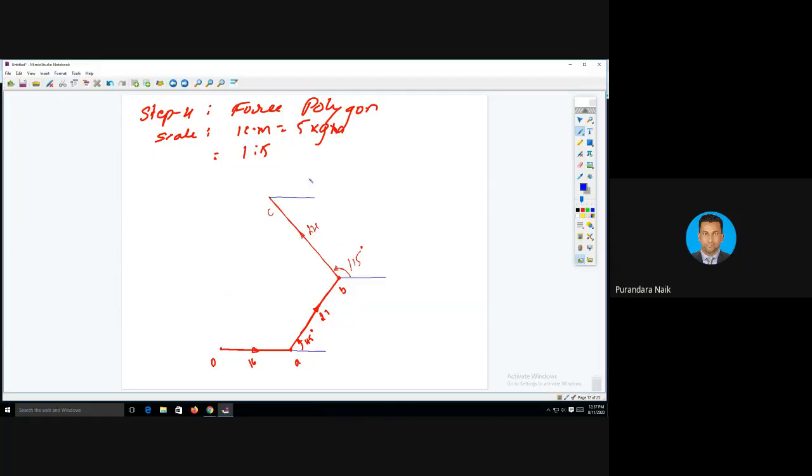Measure the angle 235. The length is 16. This point is D. Need to draw the reference line again.